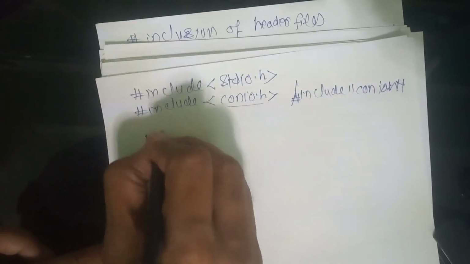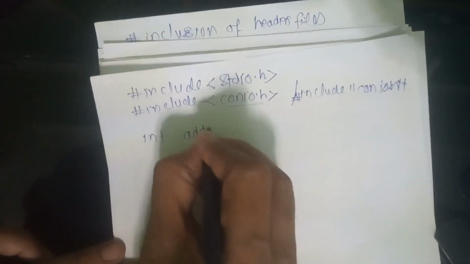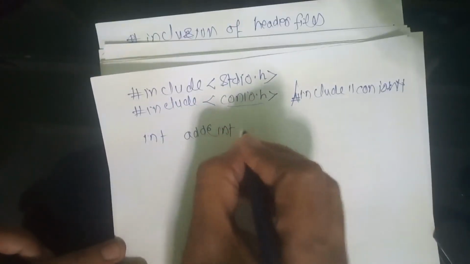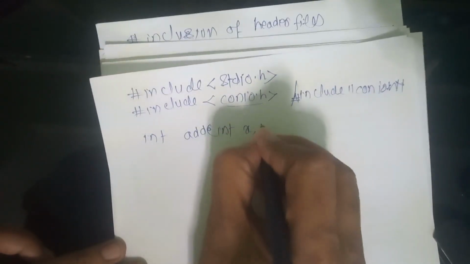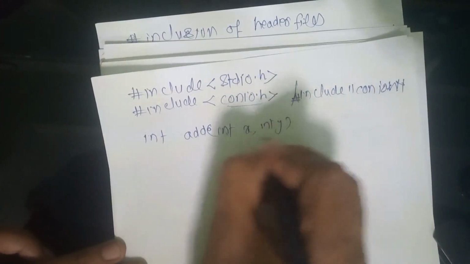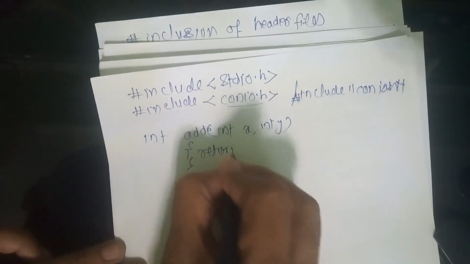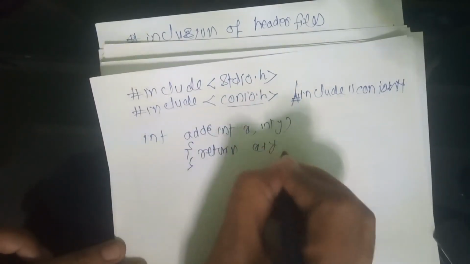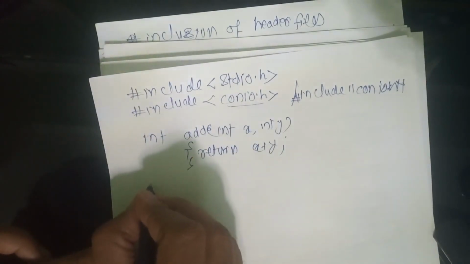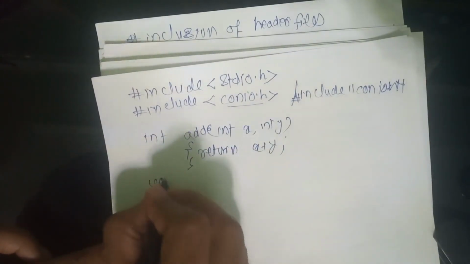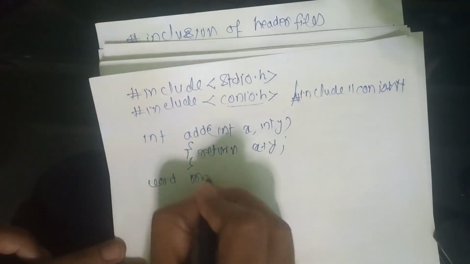Next we will declare a small method, int add, adding two numbers, int x and int y, and we can write the definition in one line: return x plus y. After that we can write the main method, like void main.